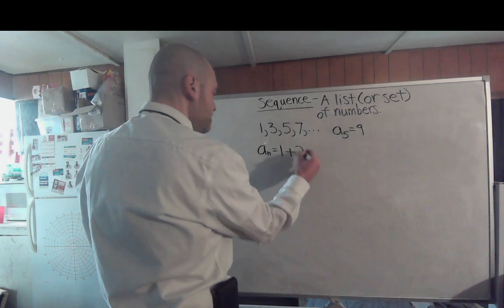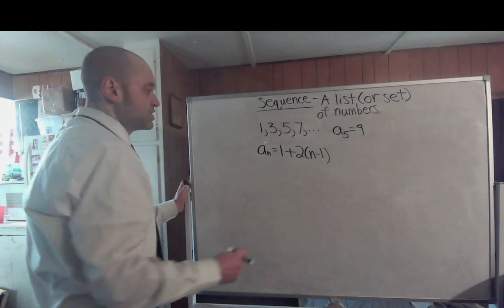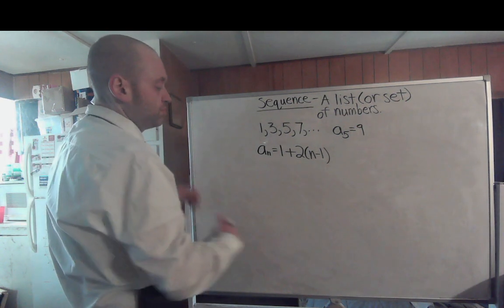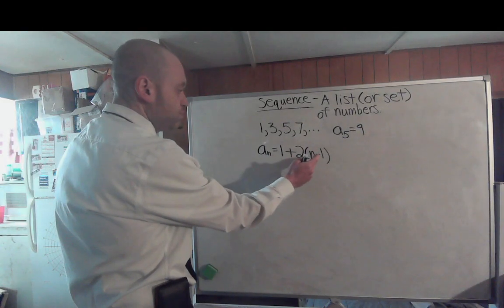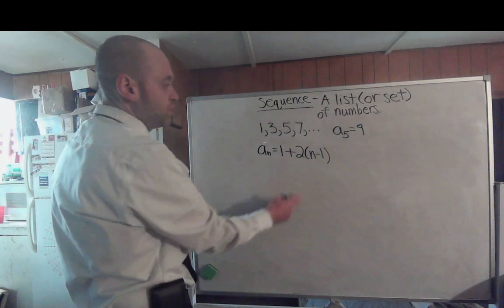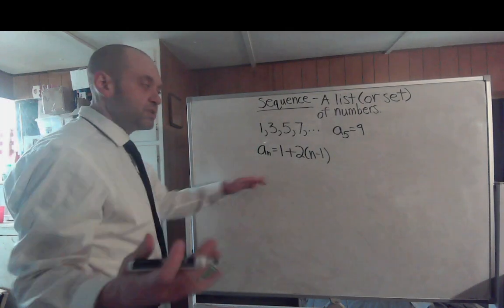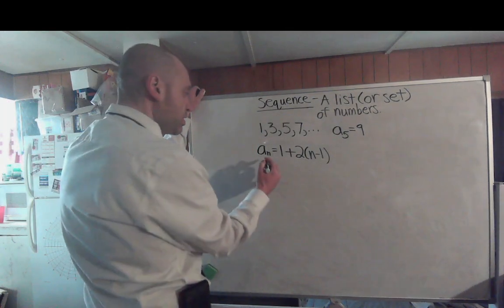If I took 2 times n minus 1, all right, so for example, my n is 1 for the first number. Well, 1 minus 1 is 0. 2 times 0 is 0. I get 1. And you can put these values back in to check your work.